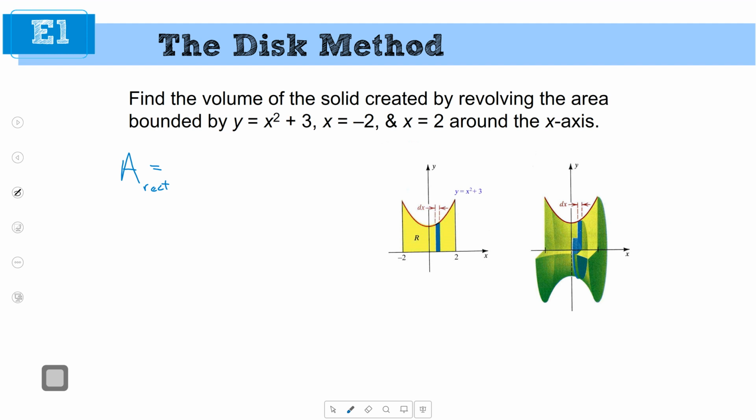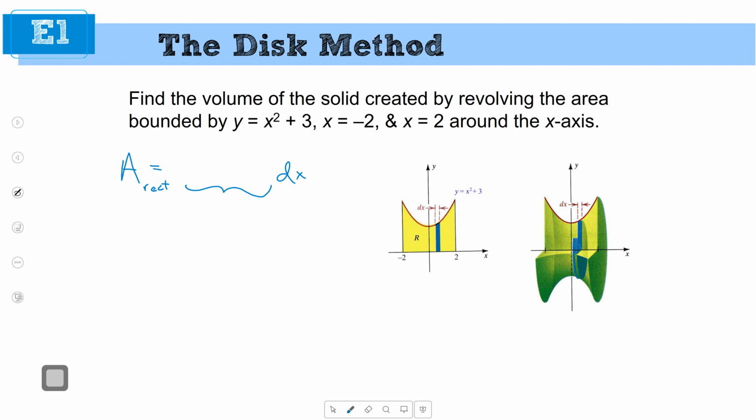Am I talking in terms of X or in terms of Y? X, because it's vertical. Good. Next question, what's the area of that thing? Let's do the easy part. How wide is that? Dx, good. So we'll put that over there. How tall is that rectangle?